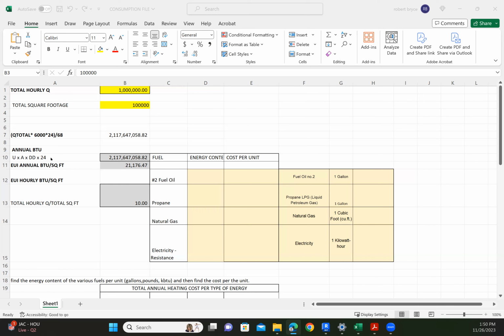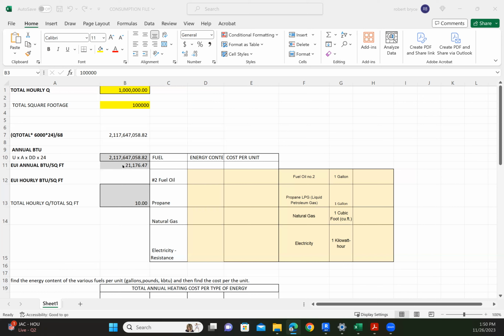You see that there is no delta T in here, so in my example here, I'm using 6,000 as our degree days, and 68 is our delta T. So I divided delta T out of the formula, and then added everything back in. You have your total Q, divide that by 68 and multiply it times degree days times 24, and that will tell you what your annual BTU consumption is.